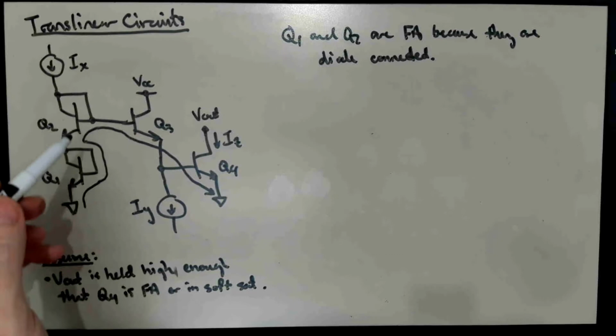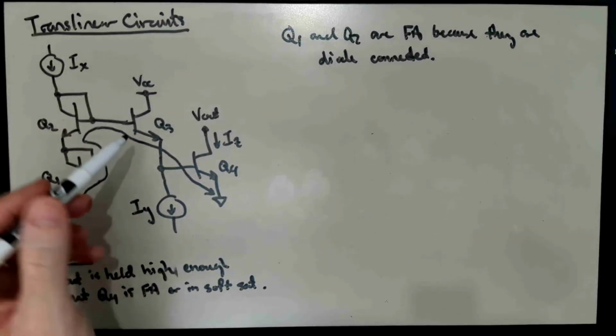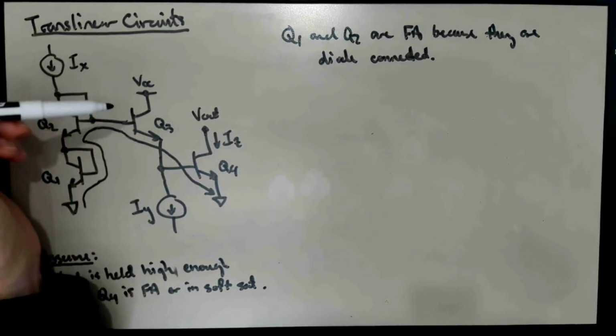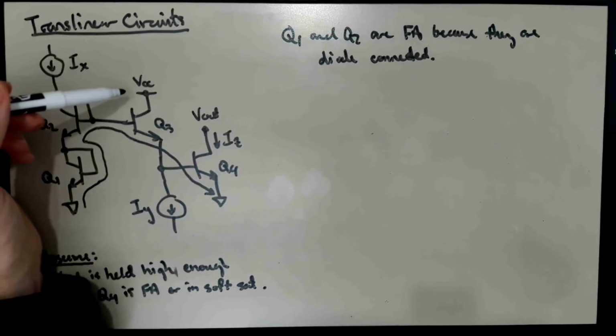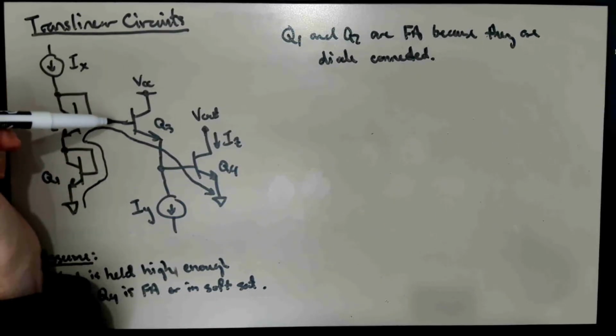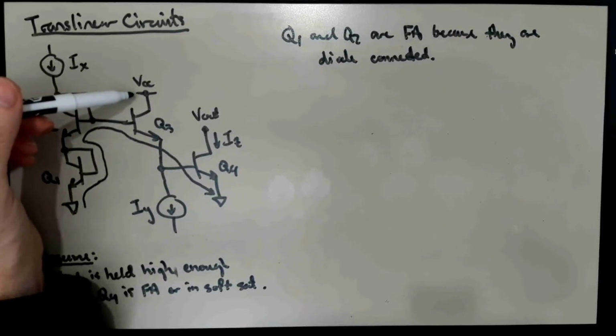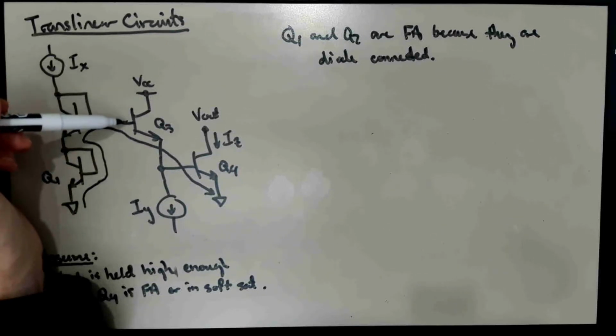We've met the diode connected transistor before. Now we've also met this emitter follower with a current source bias before. We decided that as long as the input voltage is within the power supply rails, so it's less than VCC, then since the collector is held at VCC, Q3 will also be in the forward active mode, assuming it's carrying a current.